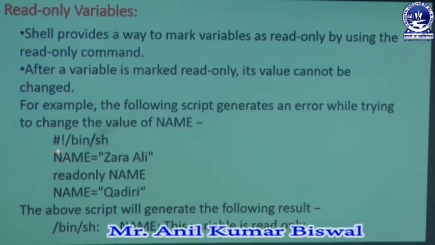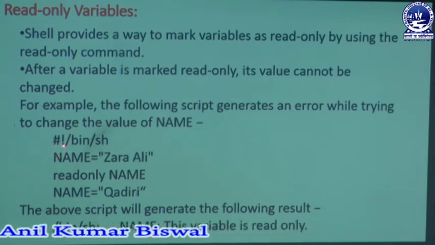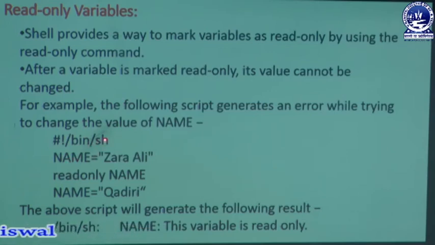So first of all, we put #! /bin/sh, then we type NAME. In that name we store Zara Ali, and that name should be considered in read only mode. So we type readonly, then a space, then this Unix variable, NAME, then we press enter.